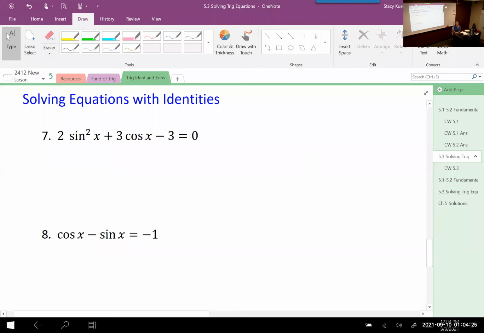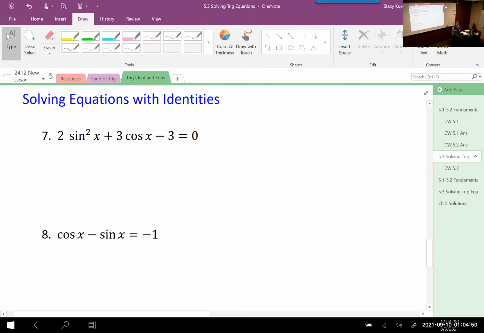Now let's look at this one. In this one, we can see that we have two separate trig terms. Right, I have a sine and I have a cosine. I can't exactly rearrange it like I could before where I gathered all my terms up and tried to factor a GCF out.